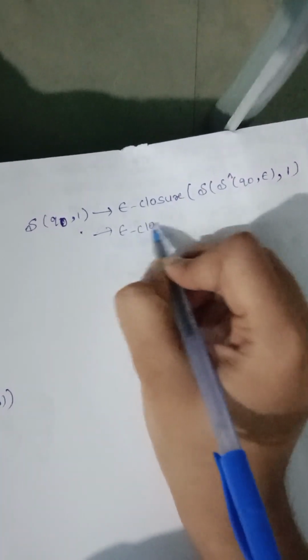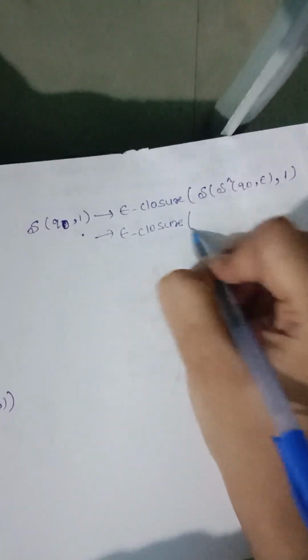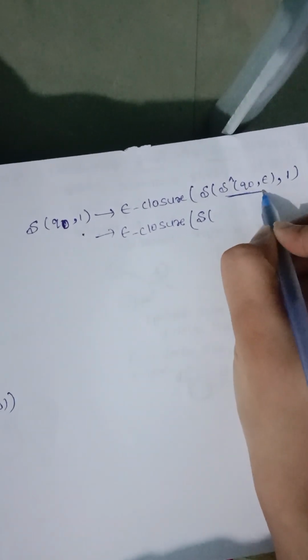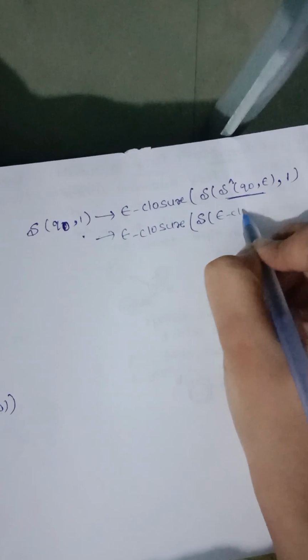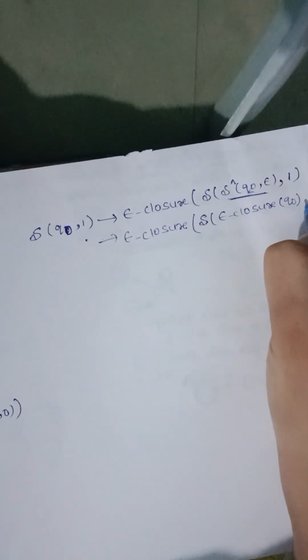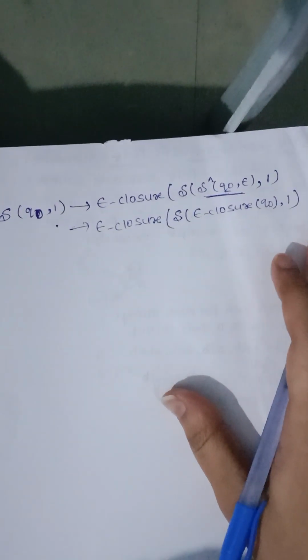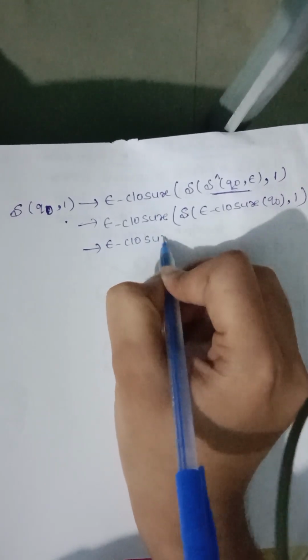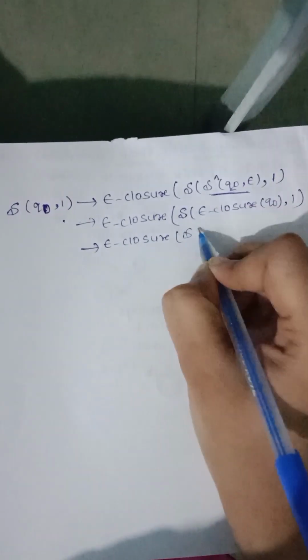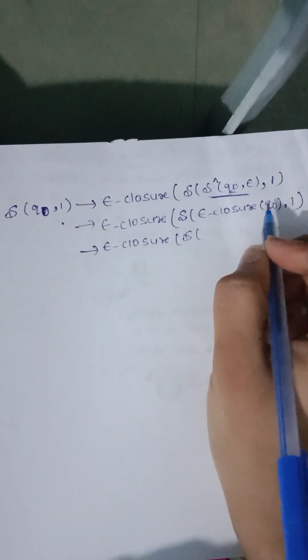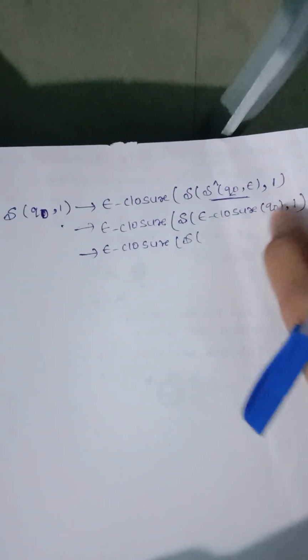Epsilon closure of delta: here is Q naught, so we write Q naught only with 1. What is the epsilon closure of Q naught?